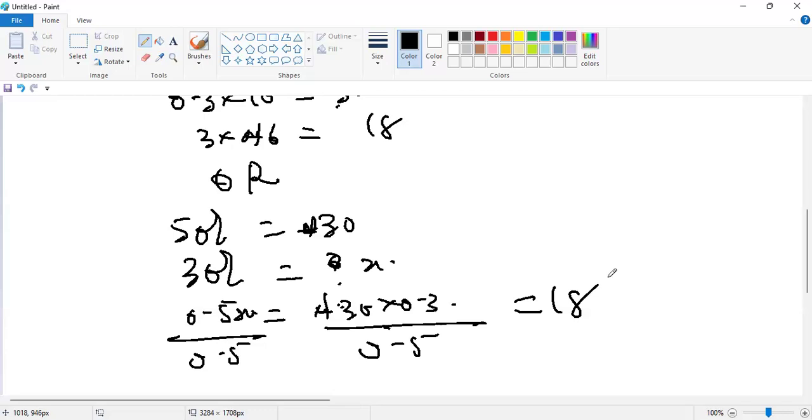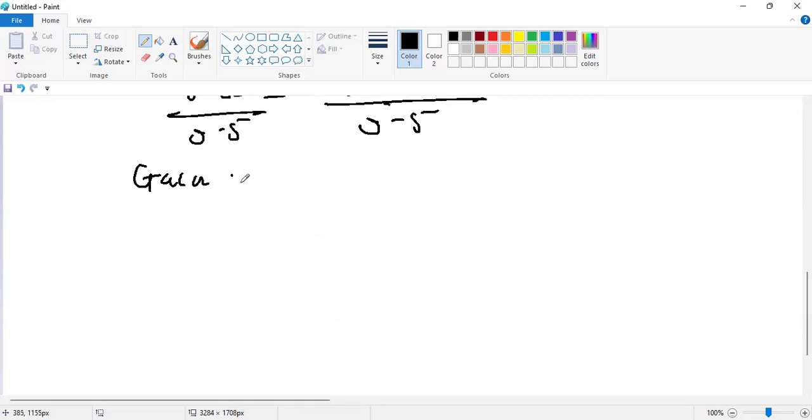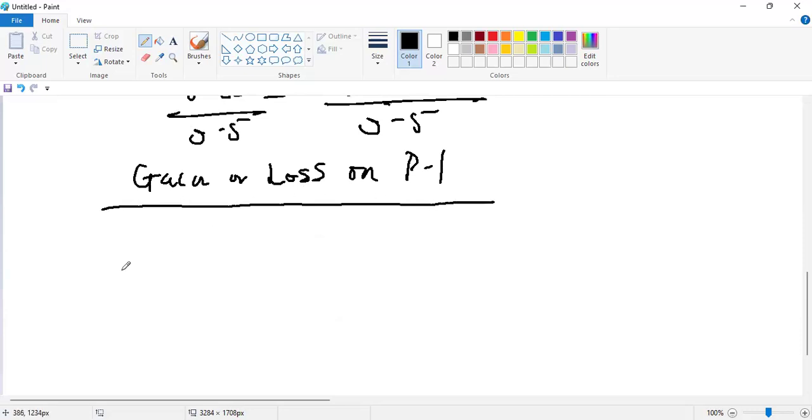Does it make a gain on the previous investment? Third one, gain or loss on previous investments? What is the fair value of the previous investments? 18.